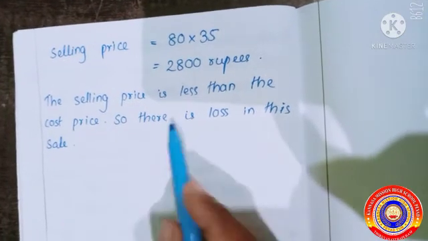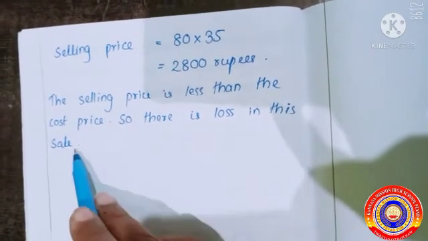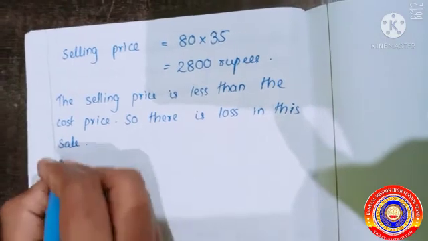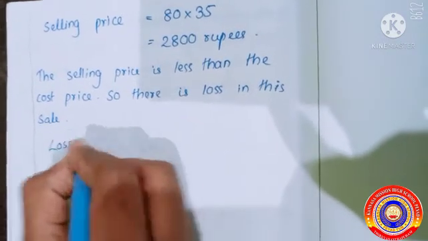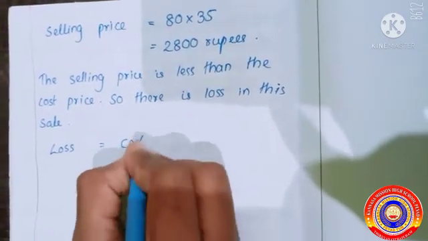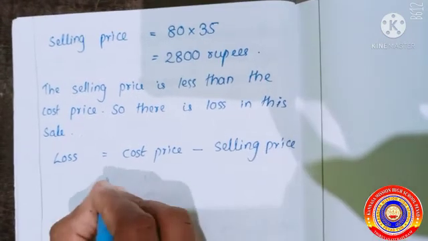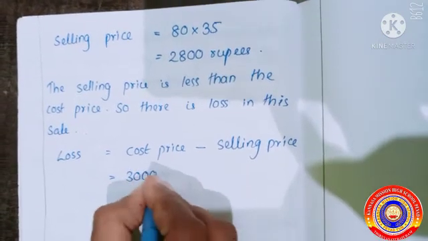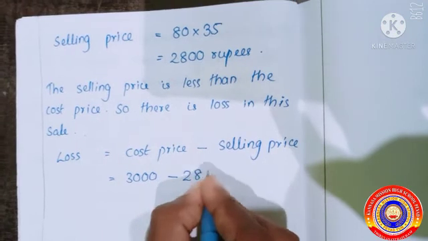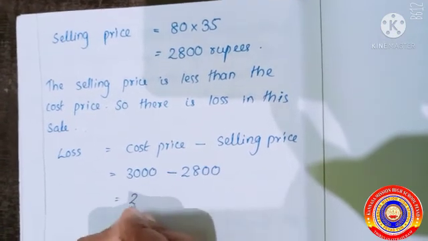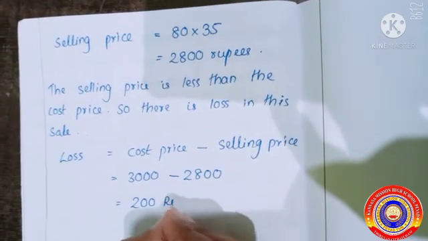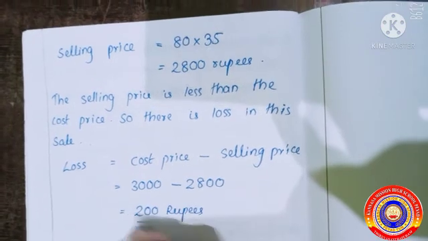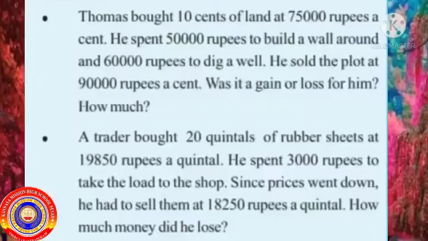So there is a loss in this sale. So loss is equal to cost price minus selling price. Here the cost price is equal to 3000 rupees minus the selling price, 2800. So 3000 minus 2800 is 200 rupees. So the loss amount is 200 rupees.